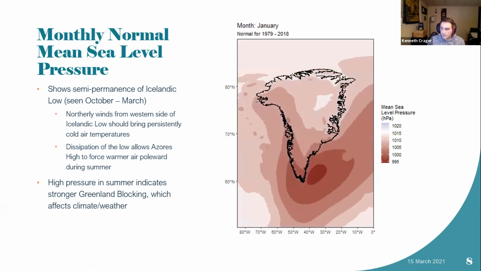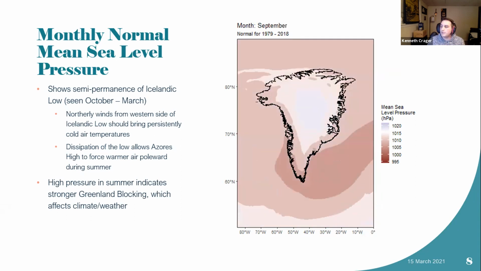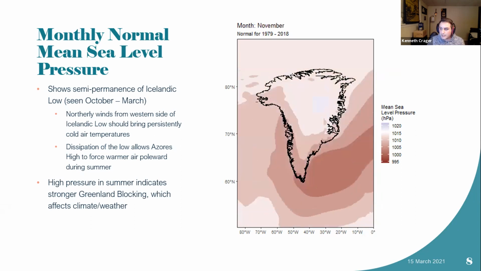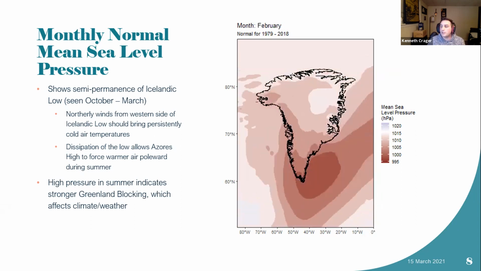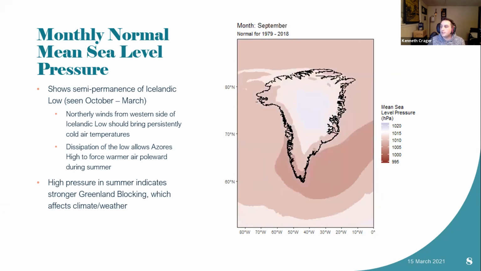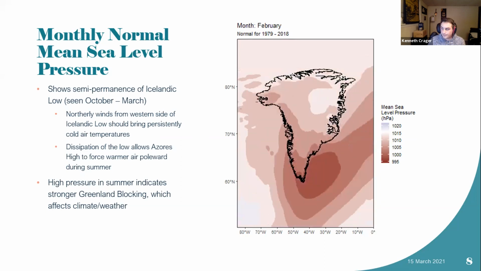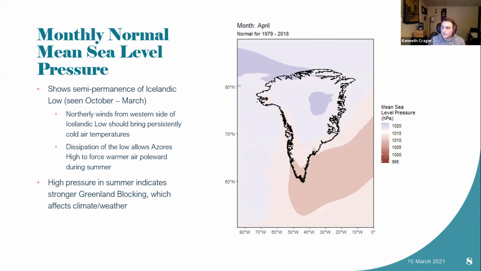But in the spring and summer, as that dies off, you see the blue there start to build over the Greenland ice sheet. That's indicative of stronger Greenland blocking, which you would expect as the atmospheric pressure there increases, and again keeps warmer air to the south.